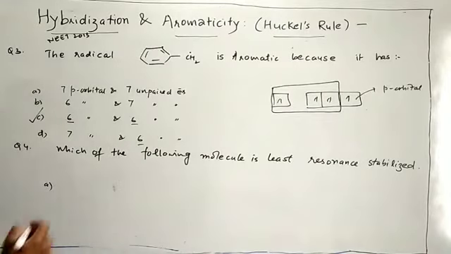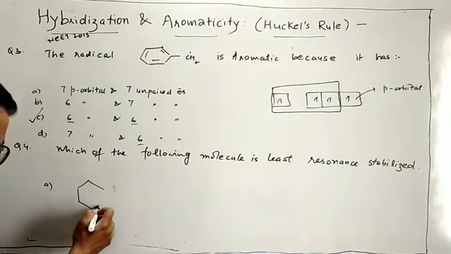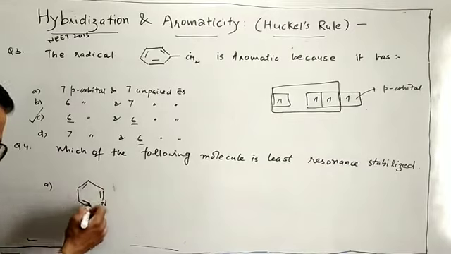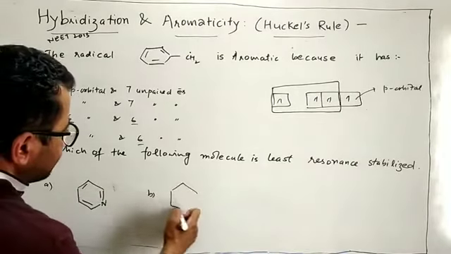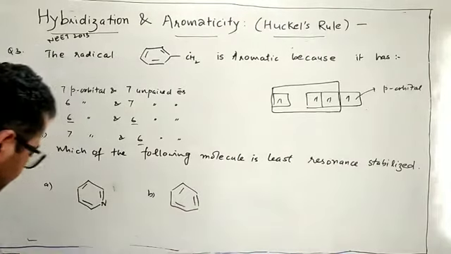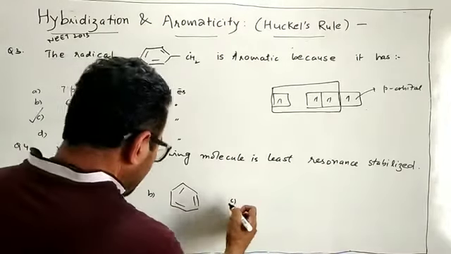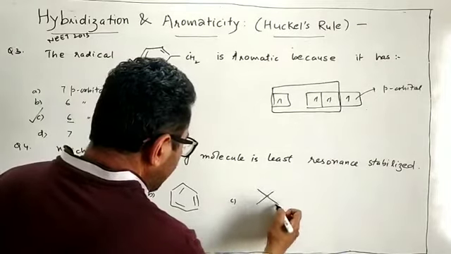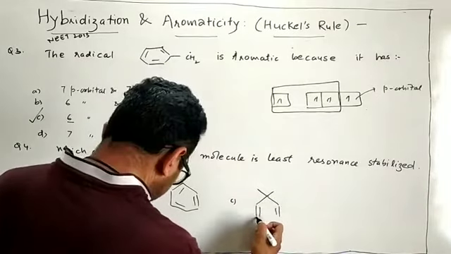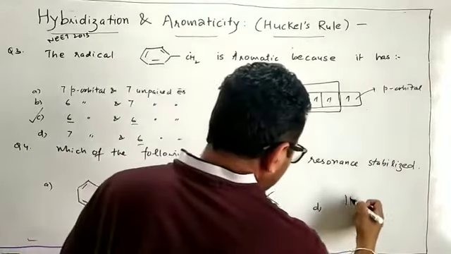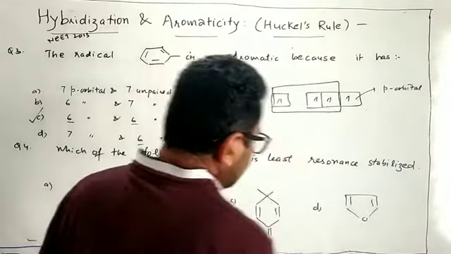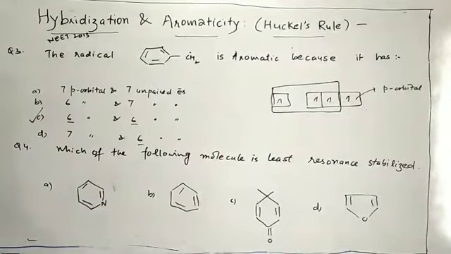Number 1 is this. Number 2 is your benzene. Very easy question. C option is your compound like this, and D option is a compound like this. So now out of these 4 molecules, one is least resonance stabilized.